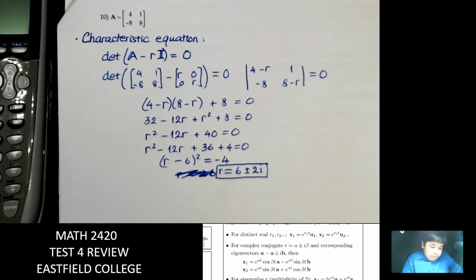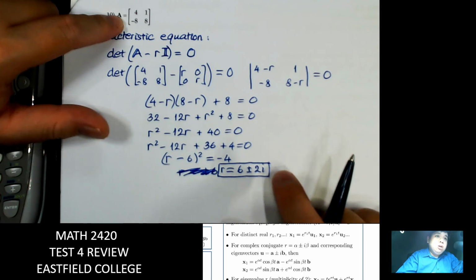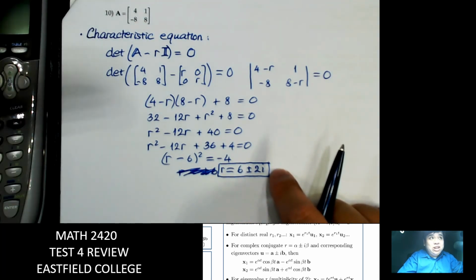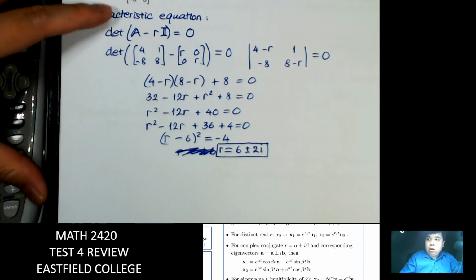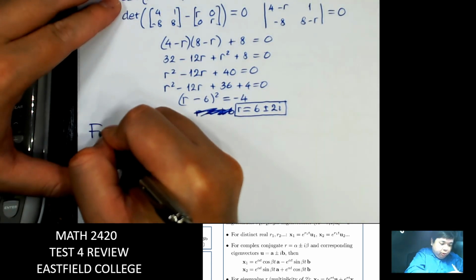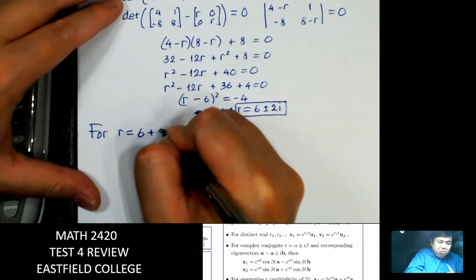Right. Now, this is the matrix with real coefficients, so the eigenvalues will be complex conjugates. Good thing is we only need to work with one of them. Right. So let's say for R equal to 6, let's take the plus 2i.